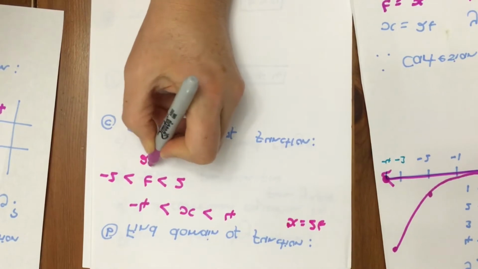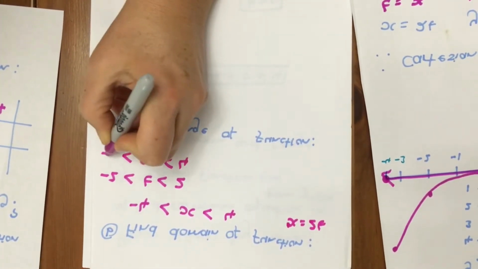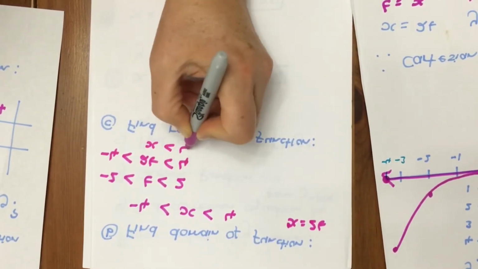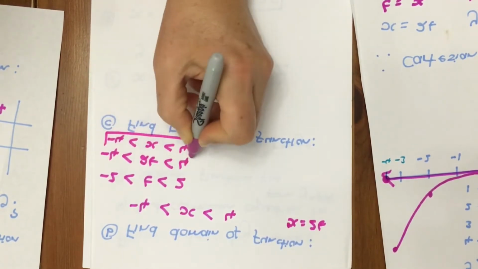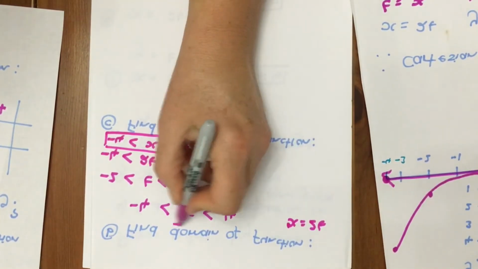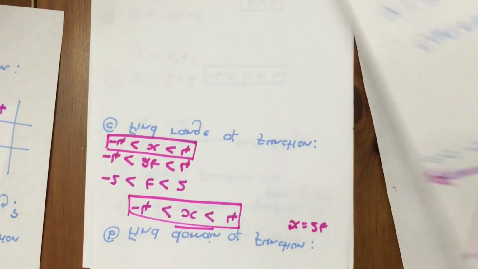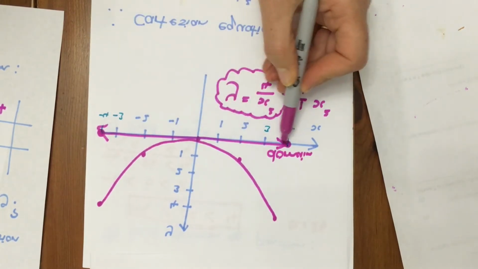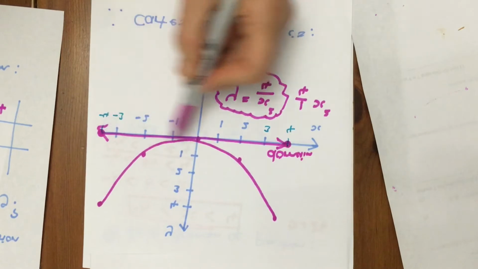So if I multiplied everything by 2, I would get this, and we know x is 2t, so x is between 4 and -4. So that is called the domain. So I've done it two ways. I've done it from my sketch. This is the domain of all my x values between -4 and 4.